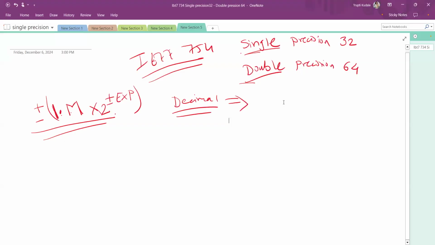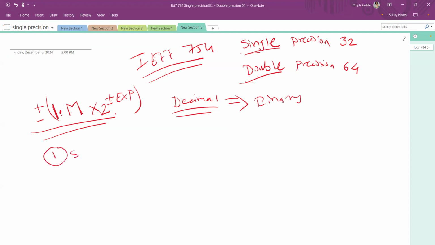So first convert that decimal number into binary form, then represent that binary number in this standard form, and then represent it in a single or double precision form.